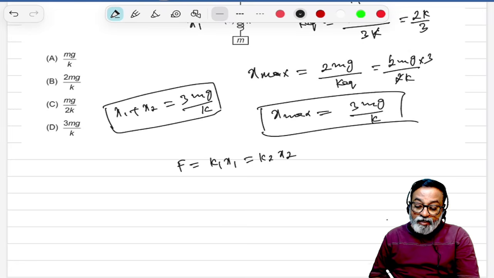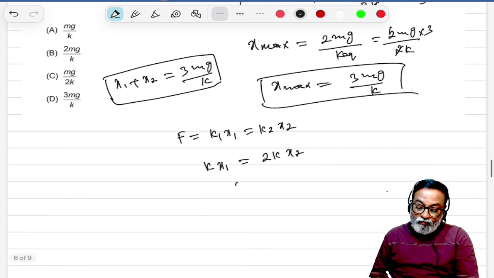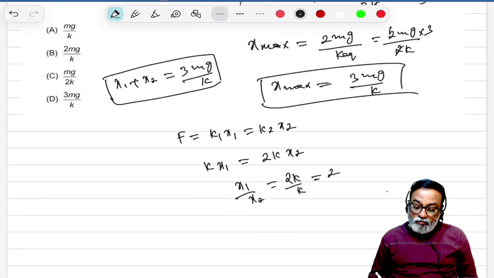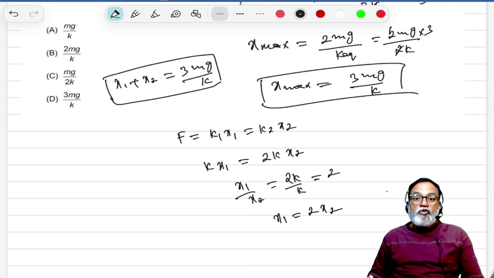Therefore, here K1 is K, x1, K2 is 2K, x2. Therefore, x1 by x2 is equal to 2K by K, that is equal to 2. But you have to find out here x2. Therefore, from this formula, x1 is equal to 2x2.